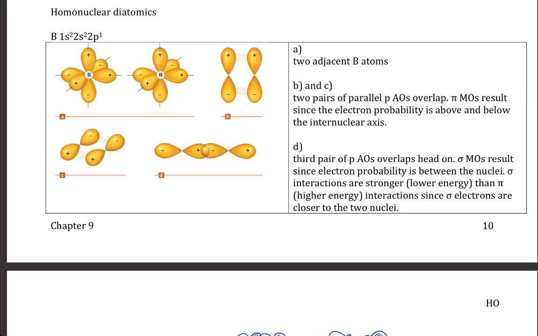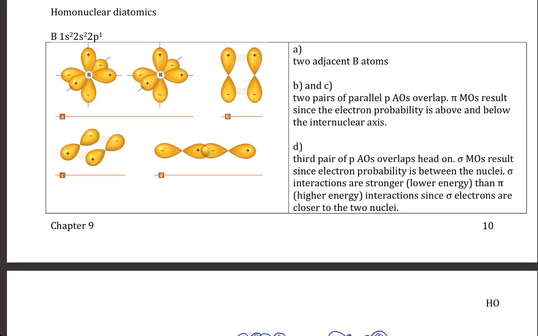So the vertical ones that interact, they form a pi type MO. And that's shown in diagram B. The diagram C shows the ones with the lobes going into the screen, coming out of the screen. So they're parallel. So both B and C orbital interactions make for pi MOs because of their side-by-side or parallel interaction.